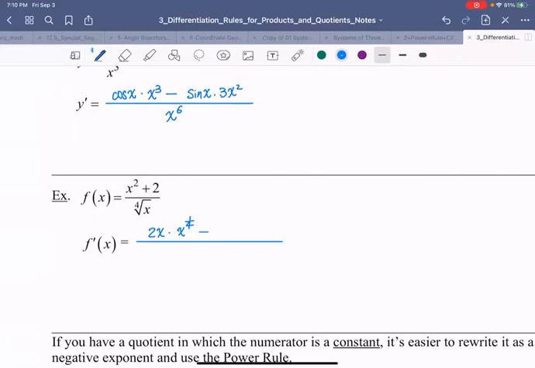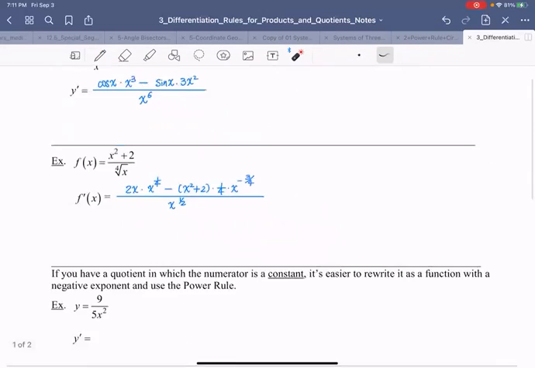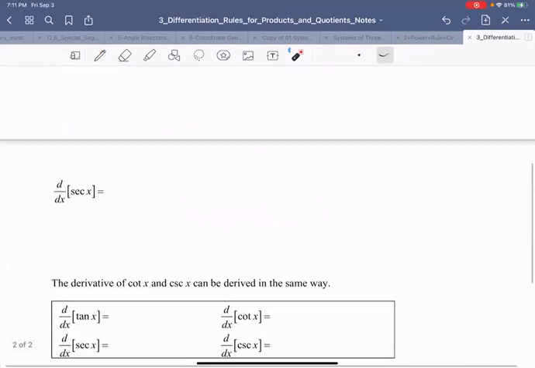Minus x squared plus 2 times 1/4 x to the power of negative 3 over 4. And then at the bottom is x to the power of 1/2. Now, if your teacher doesn't allow you to do this, you can write down one more step. Okay. All right.